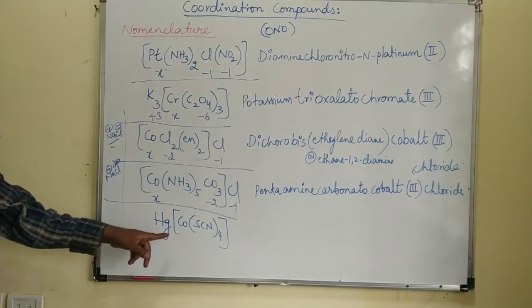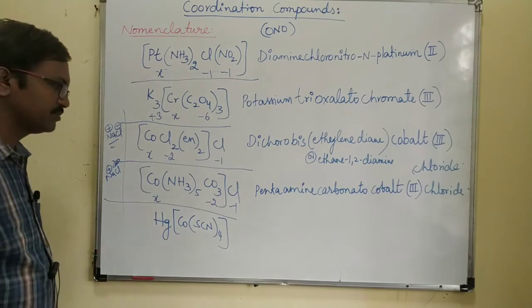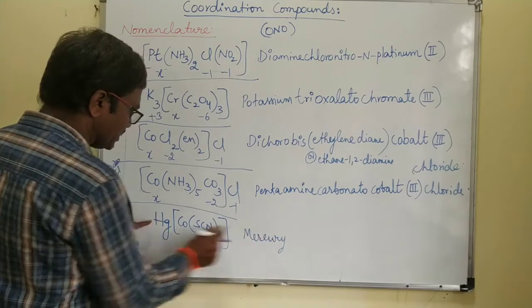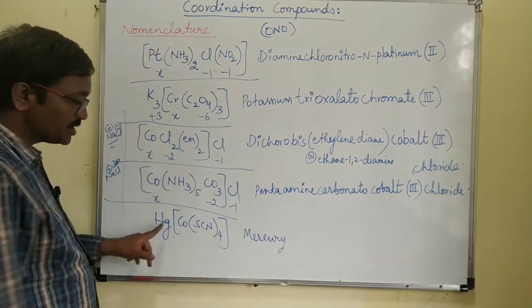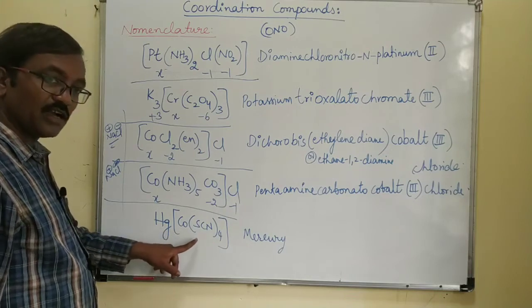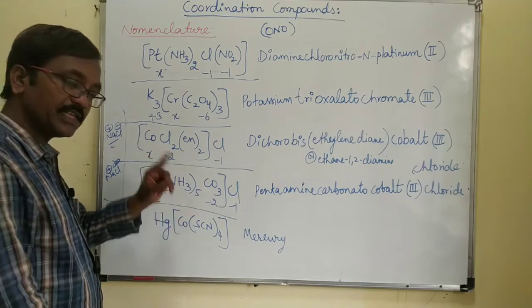So what is this one? Mercury. This one is positive, the complex becomes negative, cobaltate.